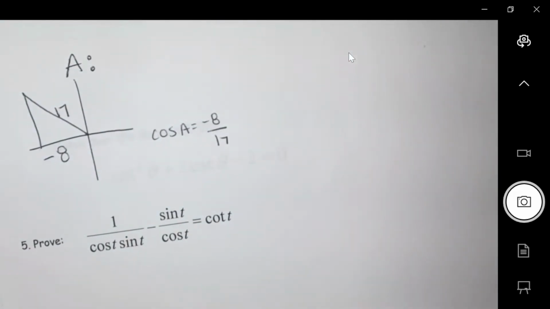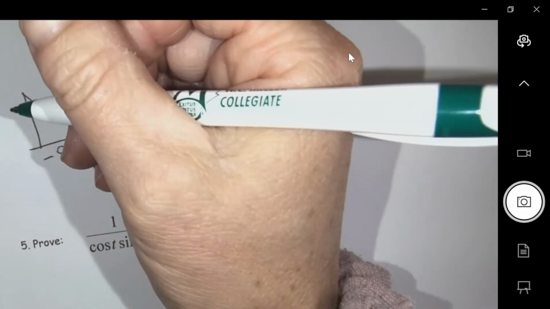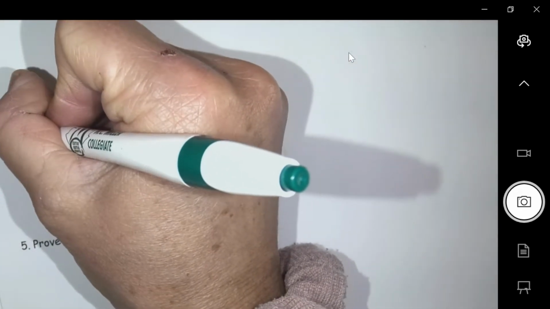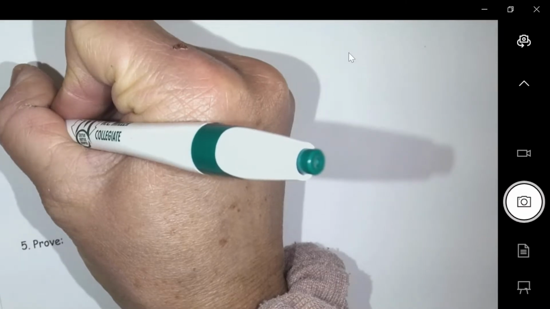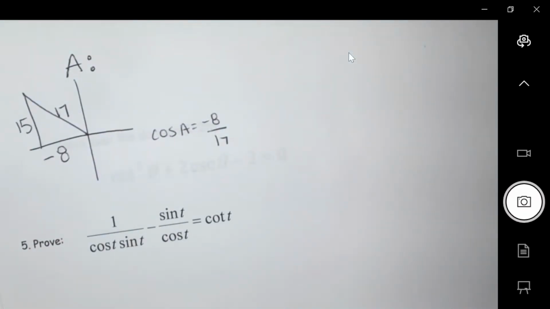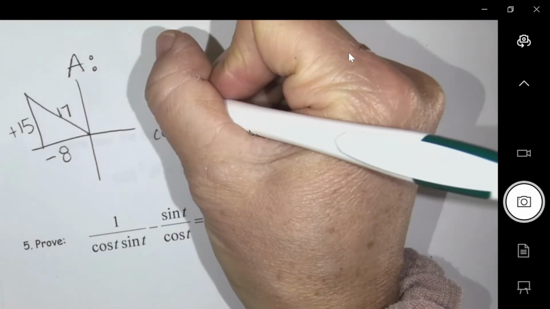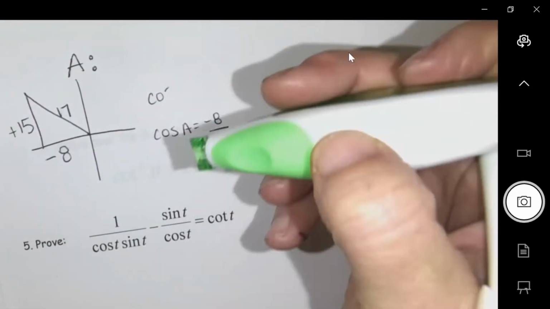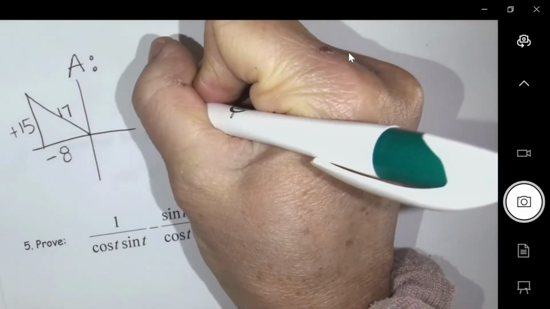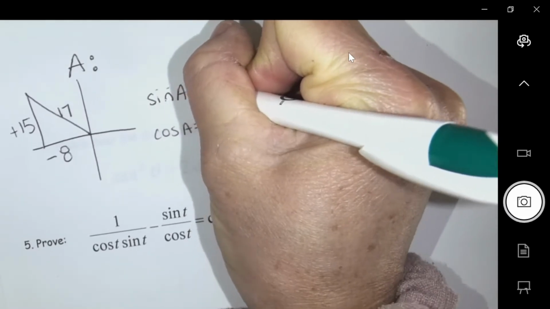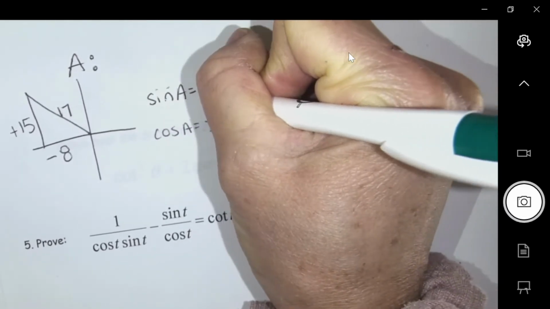And the last side of that, if anybody came up with another calculator, is it 15? Pythagorean, 15. And is that a plus or a minus the way it's located? Plus. Okay, we just better make sure we double check. So let's go, oops, the sine, not the cos, I already had that. The sine of A is 15 over 17.